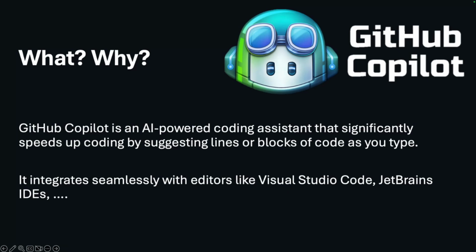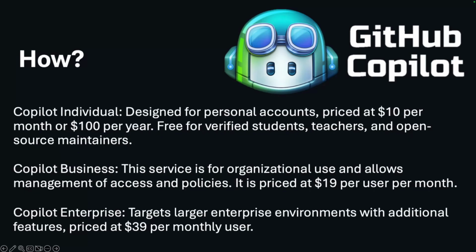And the other question that I want to answer, before we head to a demo in a few minutes, is how you can get and use GitHub Copilot. We have three options here. The first one is for the individual, who can use GitHub Copilot at $10 per month or $100 per year. But if you are a student, a teacher, or a professor, you can have it for free.